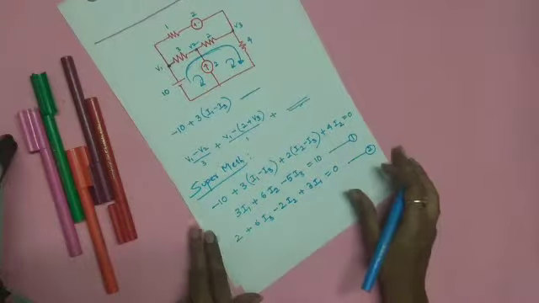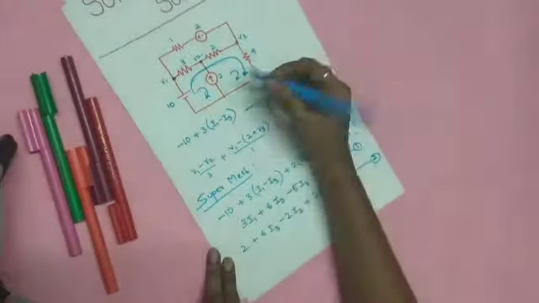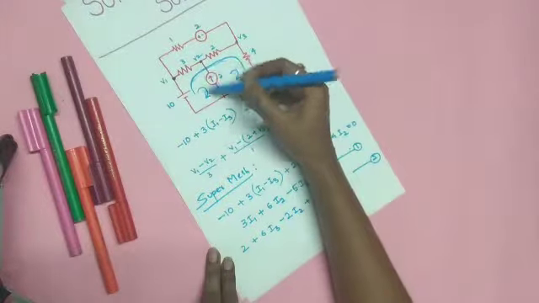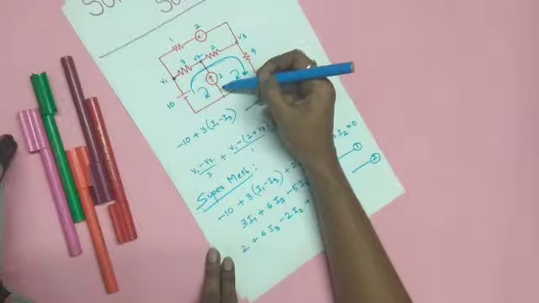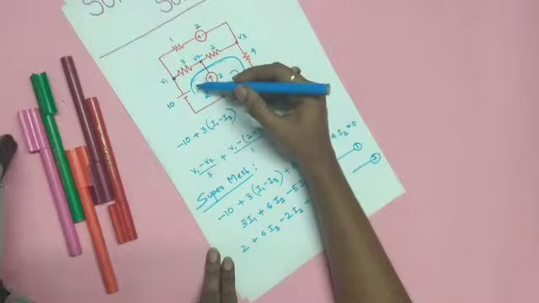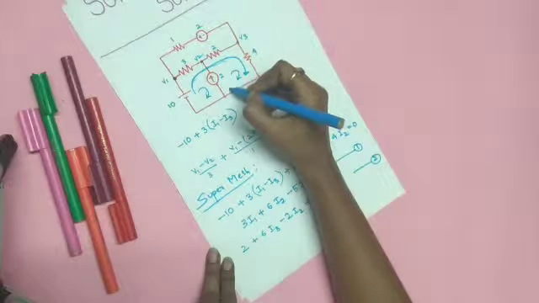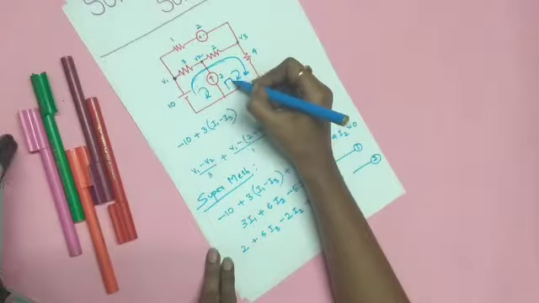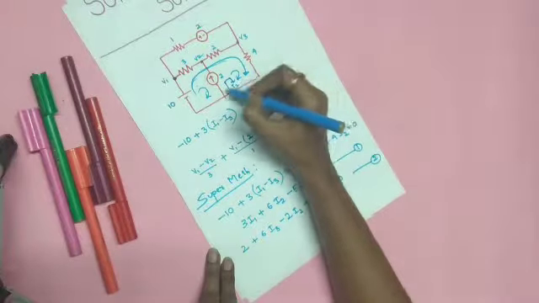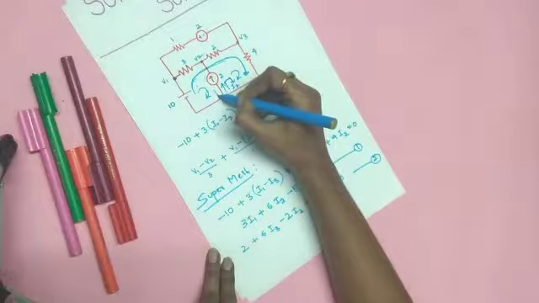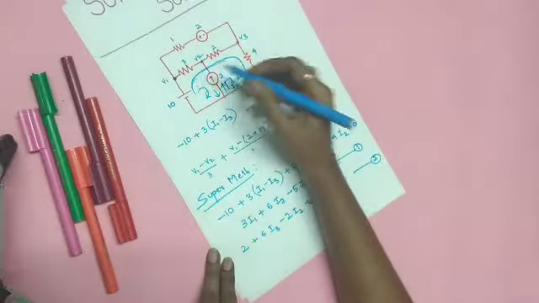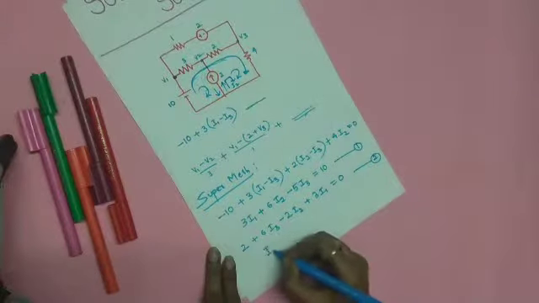And the basic thing which we can observe here is, the current through this branch is 2 amperes. That is, it is the resultant of the currents I1 and I2. Since I have assumed that the current in this mesh is I2, flowing in this way, and I1 is flowing in this way, this 2 amperes is the resultant of I2 and I1.